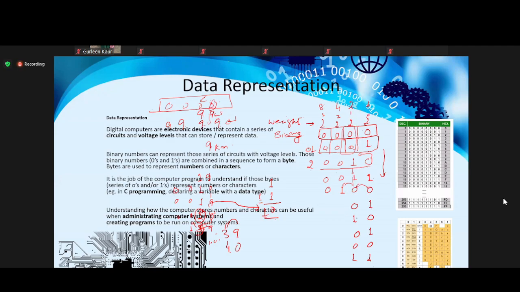After every 2 bits. So I might have a mistake here, 0, 0, then it's 1. Correct? And as this has weight position 4, it's gonna change 4 times zeros and then 4 times.